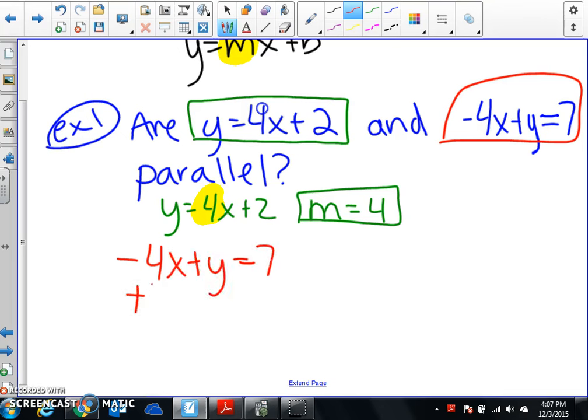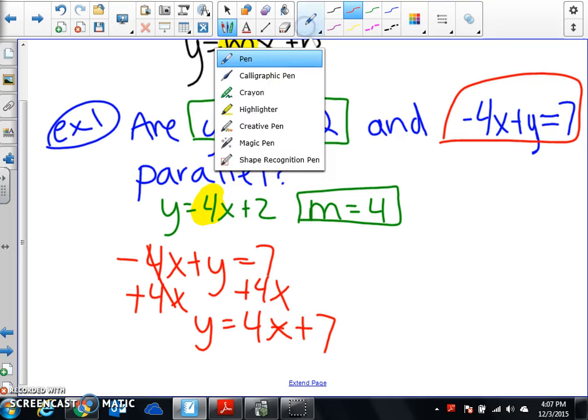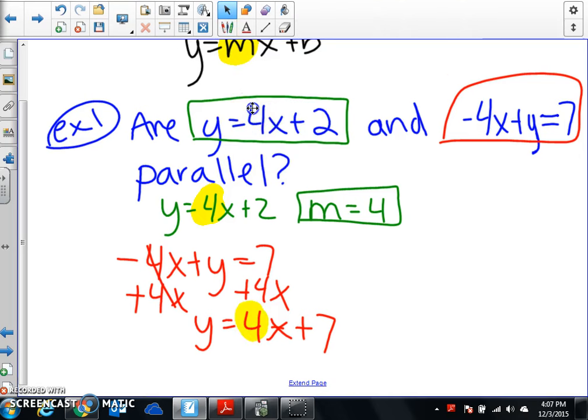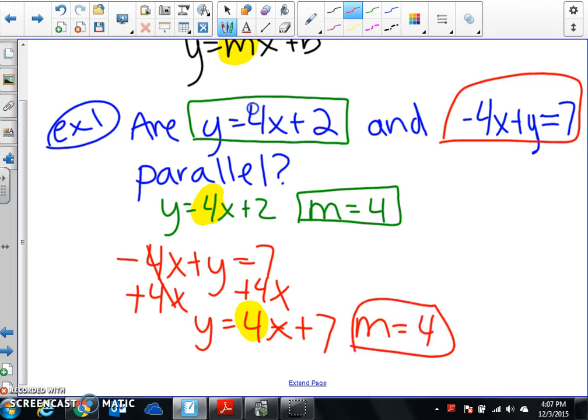And I do that by adding 4x. So y equals 4x plus 7. And then I pluck out my m, which is 4. And I would say, okay, these are the same. And parallel slopes are the same. So yes, they are parallel.